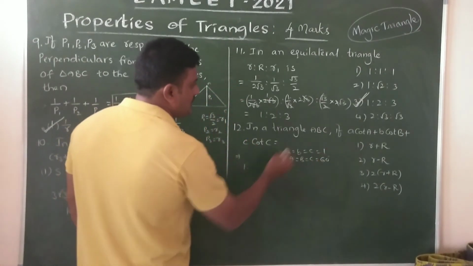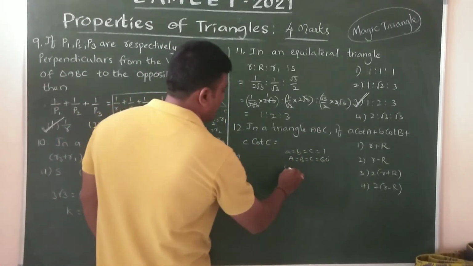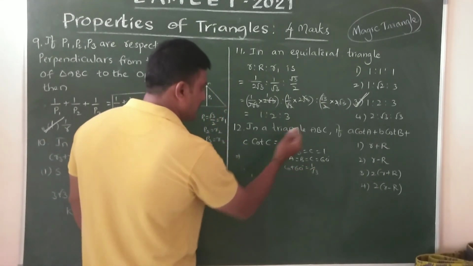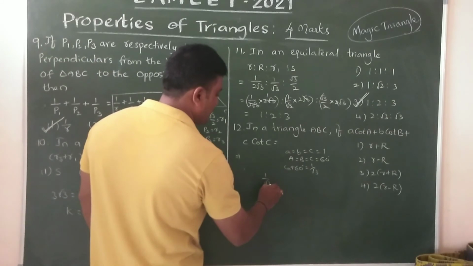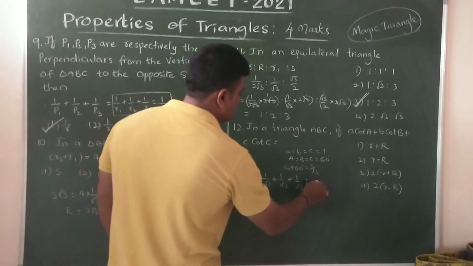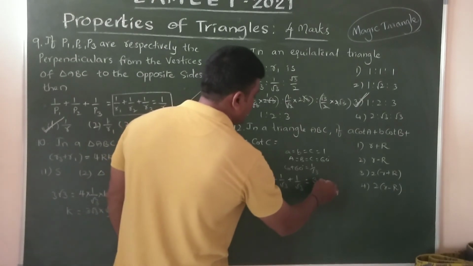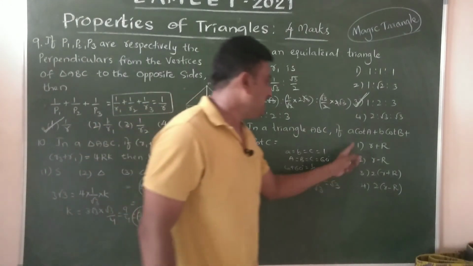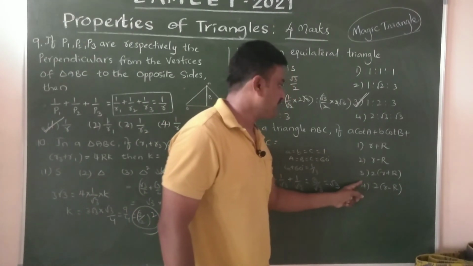Then 1 into cot 60, and cot 60 equals 1 by root 3. Then 1 by root 3 plus 1 by root 3 plus 1 by root 3 equals 3 by root 3, which is root 3. Now root 3 equals which option?